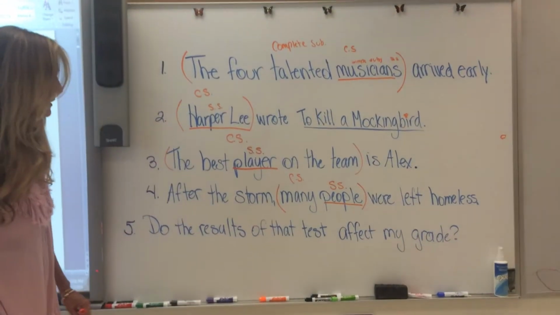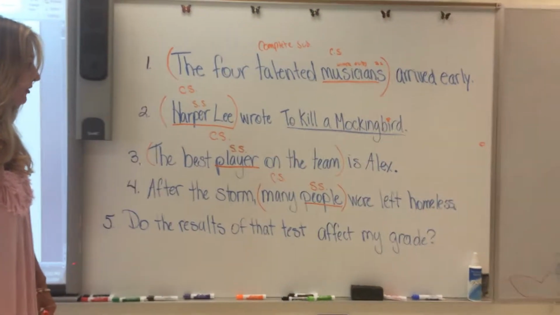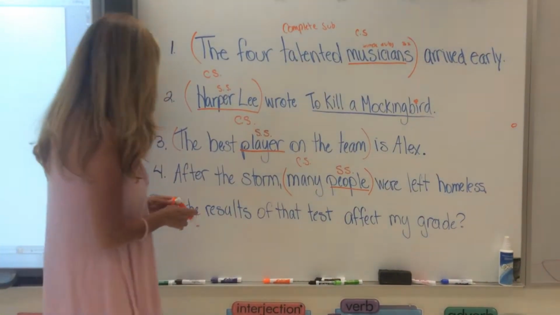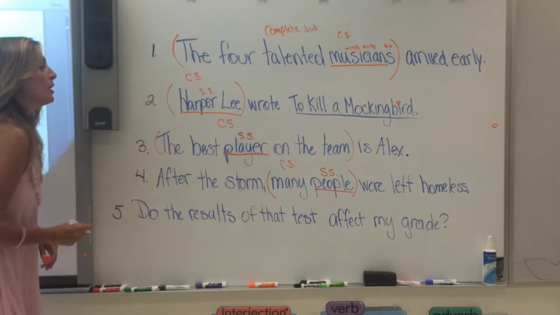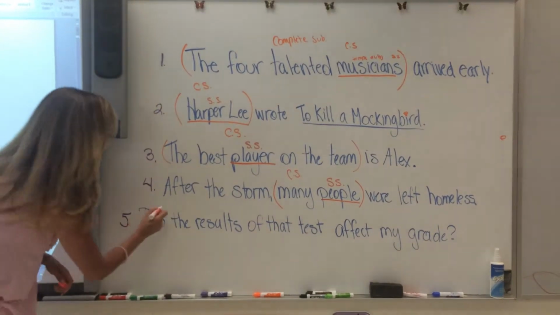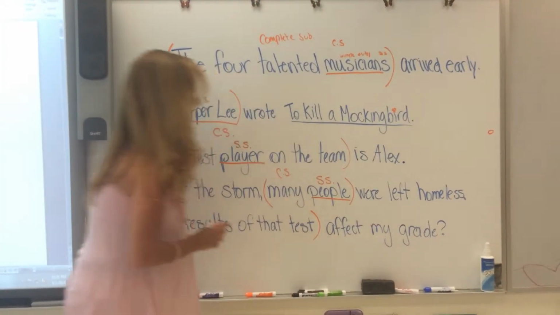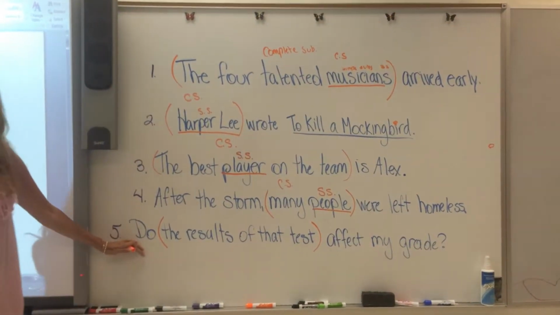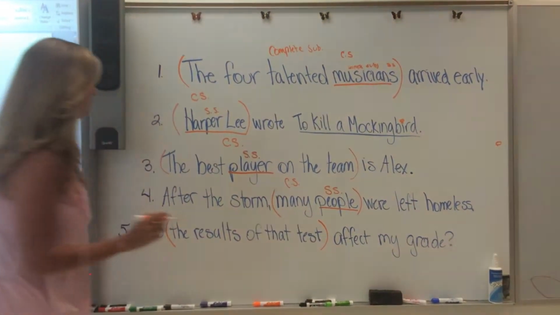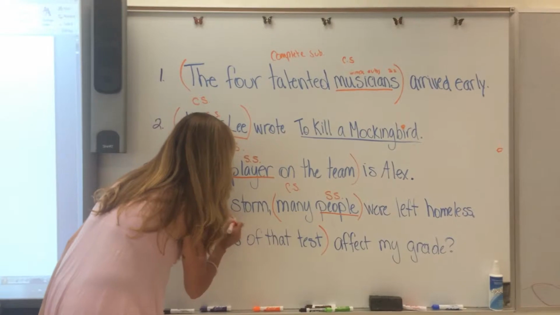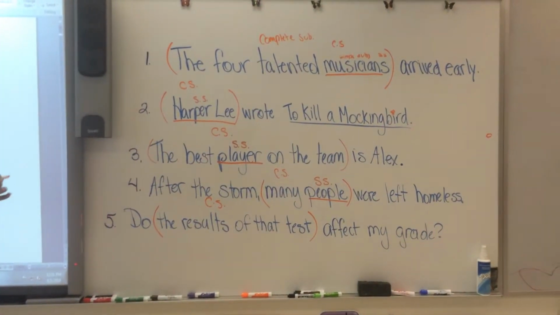Here we go. Do the results of that test affect my grade? Well, of course they do, but that's not the issue here. Affect my grade? The results of that test. Okay? Do becomes part of the predicate. It's not going to become part of the complete subject that we have here, the results of that test.